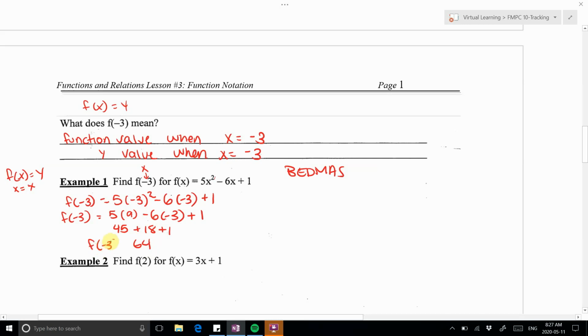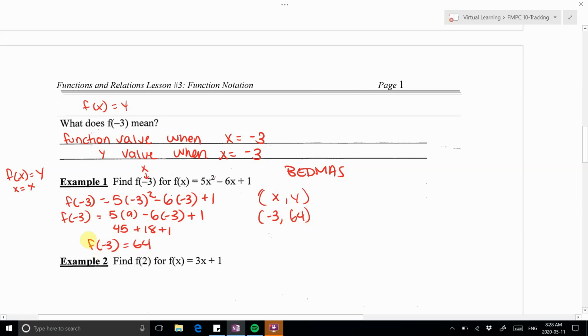So f at negative 3 is 64. So if I was looking at that as a point in my graph, remember I said that this negative 3 was my x value, right? So remember if we had a point, my point is going to be x and y. So here my x is negative 3. And when x equaled negative 3, the function, the y value, was 64.